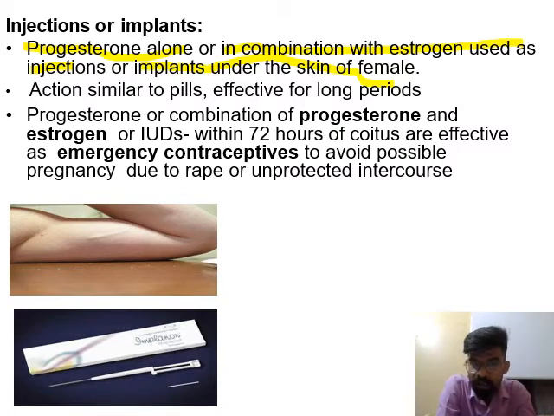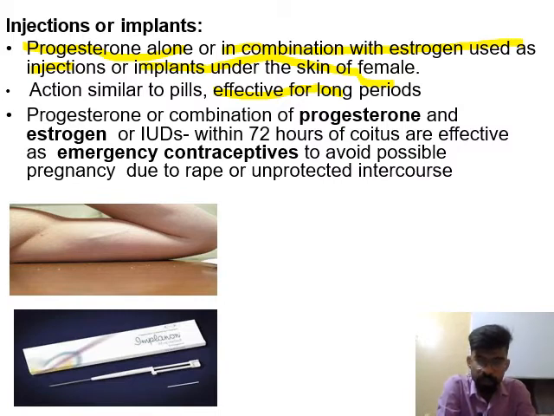The effective period of an injection or implant is very long. When a female is implanted with the combination of these hormones, it is effective for about 5 years. There is no chance of fertilization when an injection or implant is inserted. The implant is inserted inside the female body, so it is an effective method that can control birth for about 5 years.